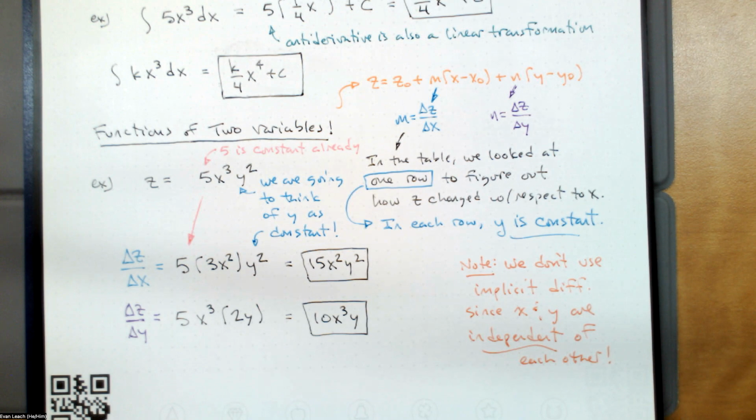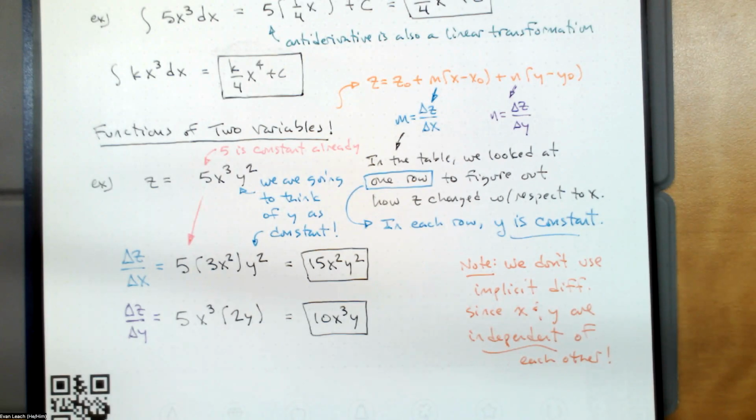So with this function of two variables, with z as a function of two variables, we ended up with two derivatives. Neither one is a complete description of how z is changing. One, the dz dx is just how z is changing with respect to x. Dz dy is just how z is changing with respect to y. So they are derivatives, but they're a different kind of derivative.